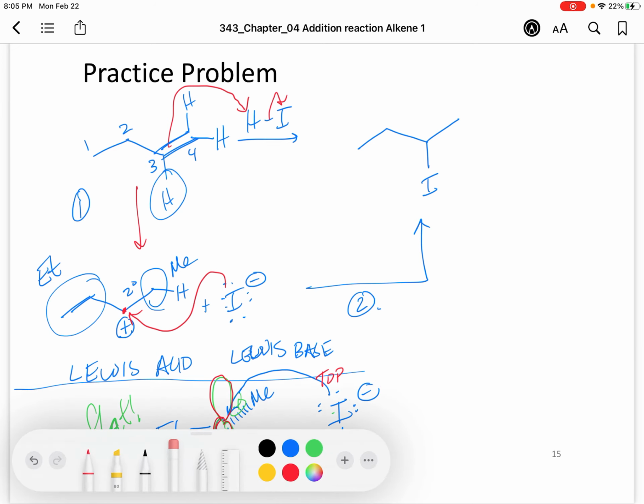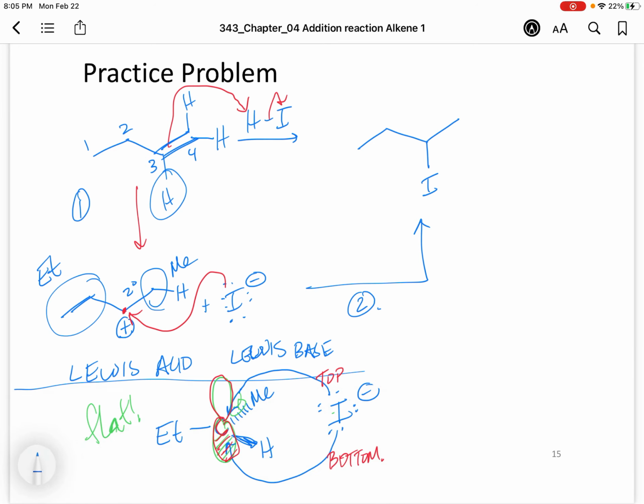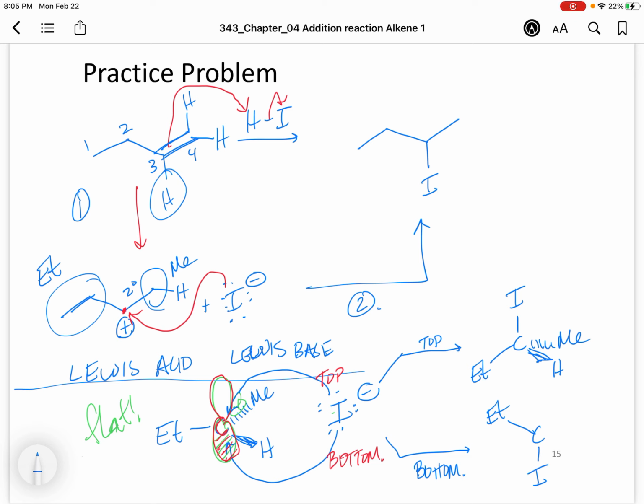Well, what happens when we do this? Well, I can draw my ethyl coming here. Here's my carbon that was red, and my iodine will be on top, okay? I'll have my hydrogen here and my methyl going back. If it attacked from the bottom, it's going to kind of push this up. Here's my ethyl, here's my carbon, here's my iodine that attacked from the bottom, okay?